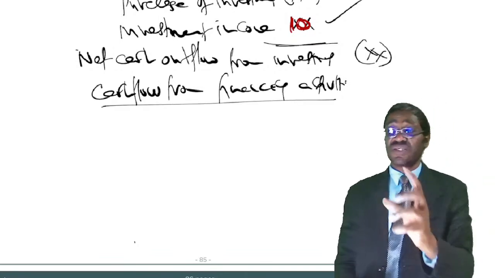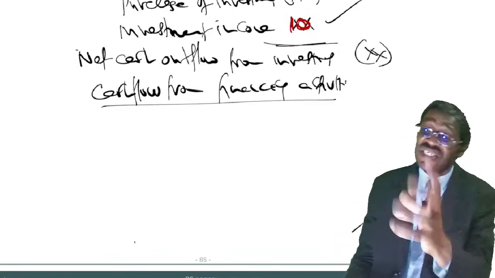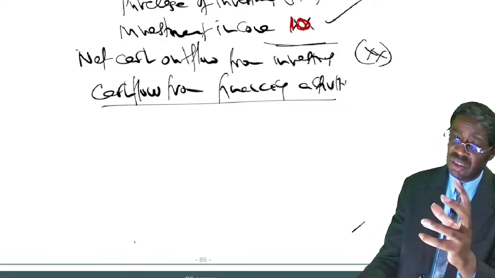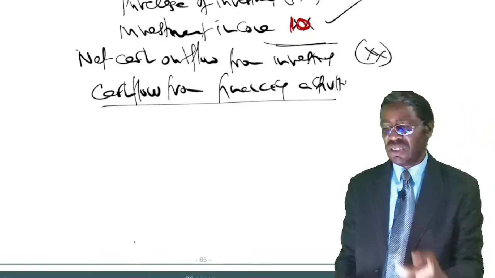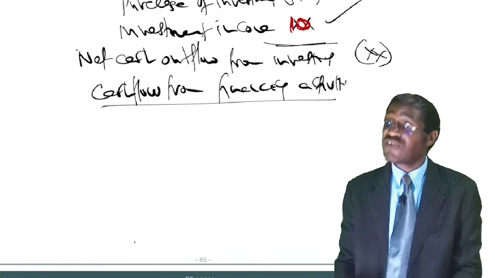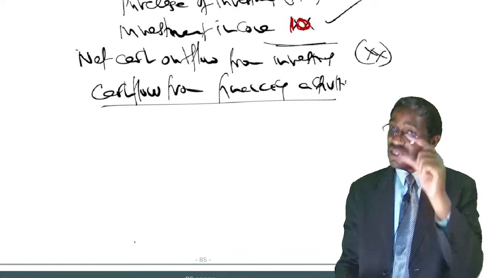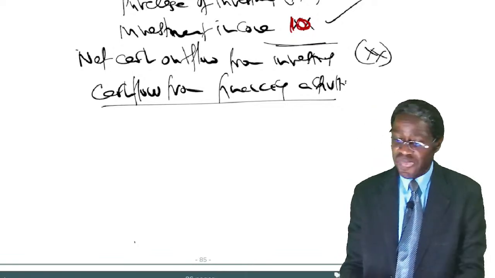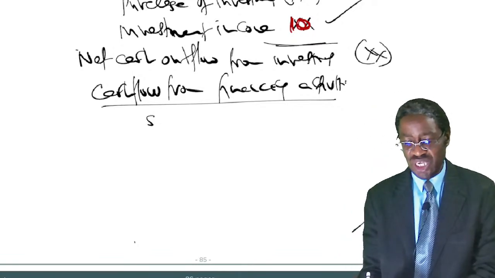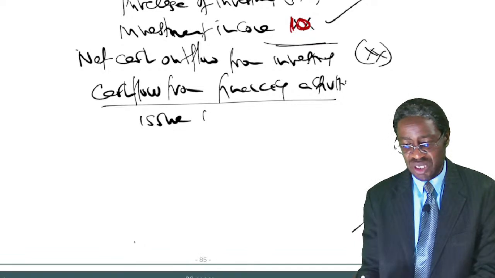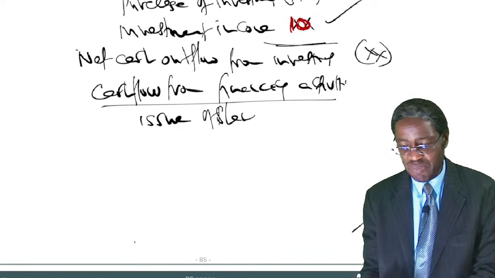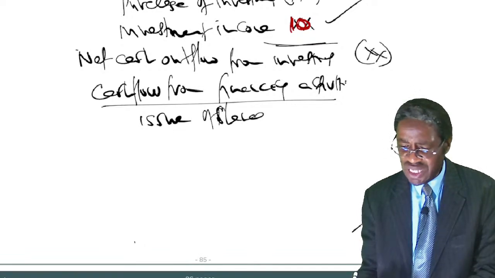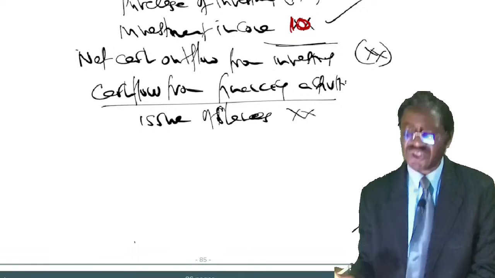What are financing activities? These are any transactions that affect finances. That's what we call financing activity. Could be you issued some shares during the year. Shares are part of financing, and the money came in from the issue of shares.